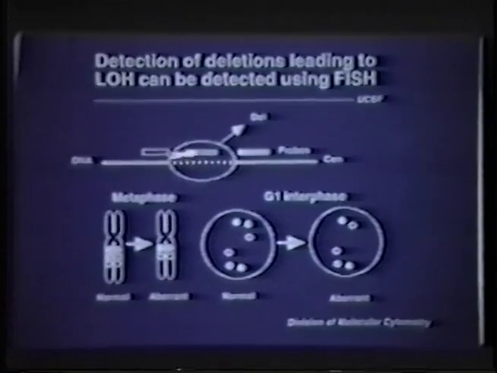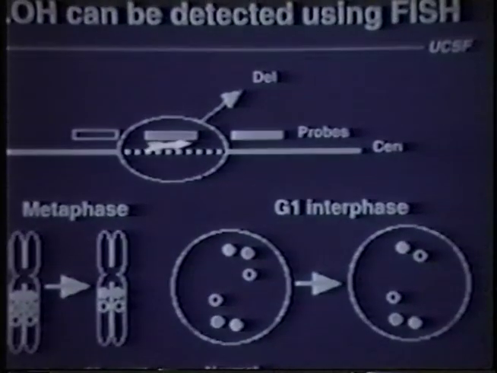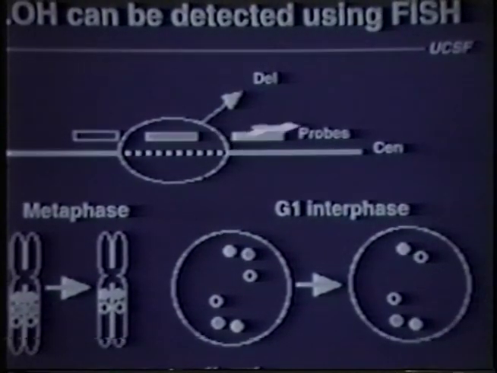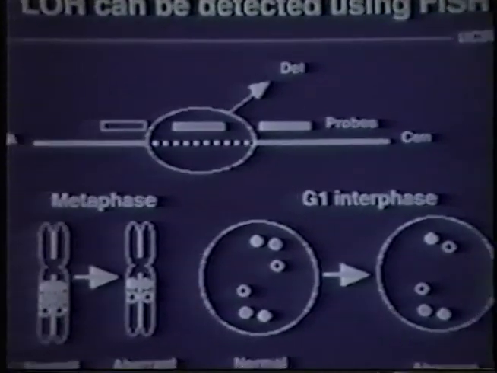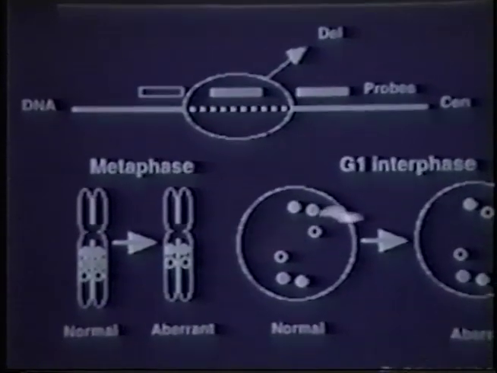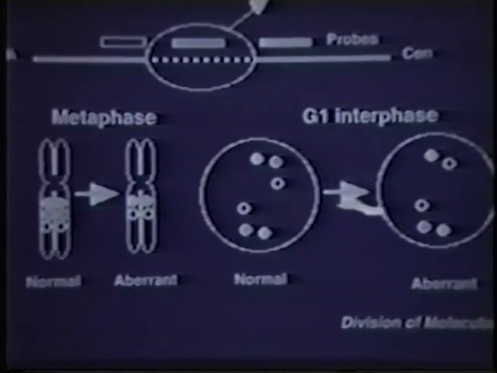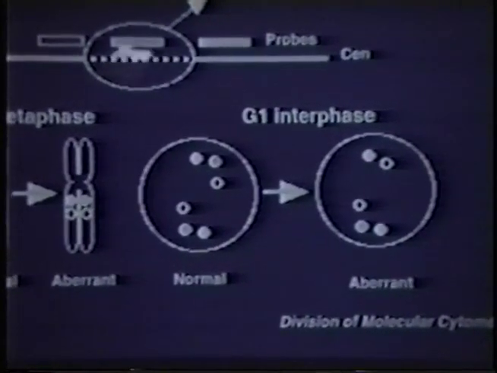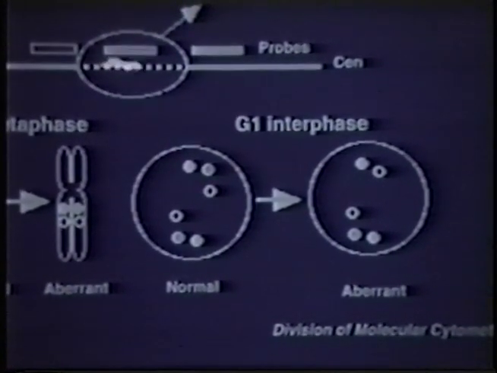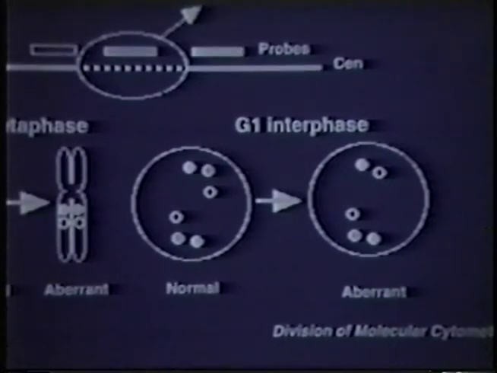And the idea here is to put a probe on the region of the genome that you're interested in studying, put a probe someplace else to use for normalization, and ask the question, can you see the loss of the one normal allele? So what you would look for in interphase is a reduction in the ratio of the number of probes at the test locus to the number of reference probes.